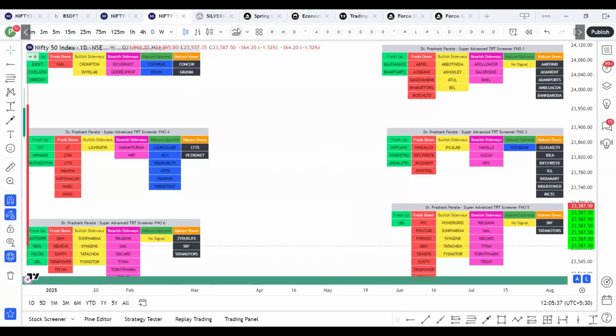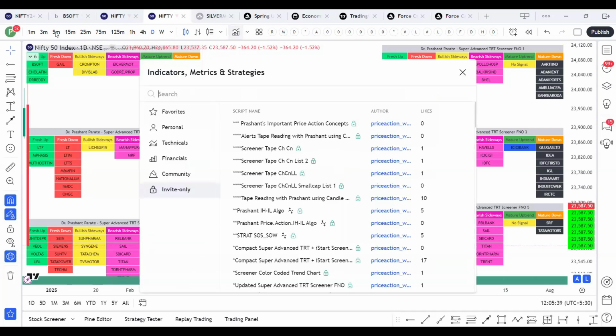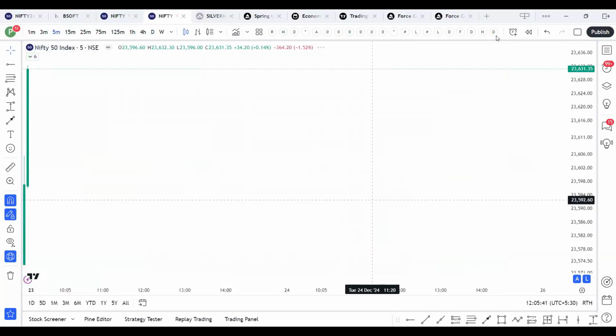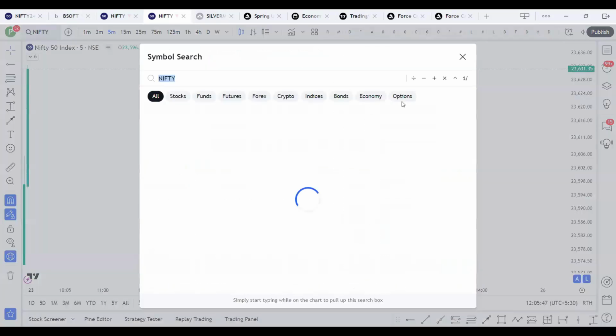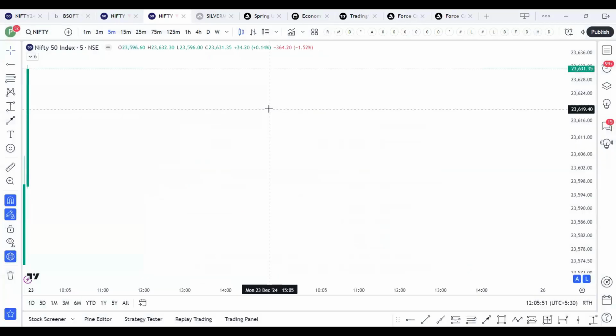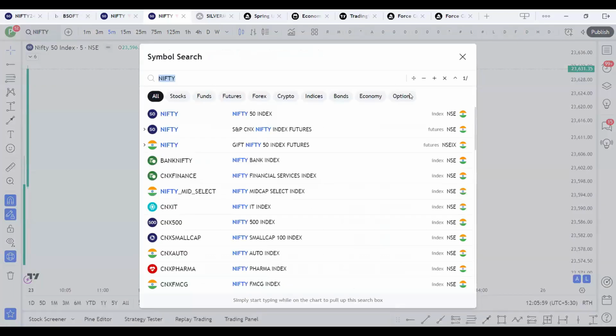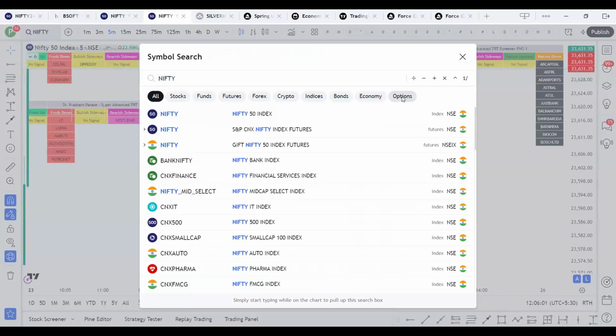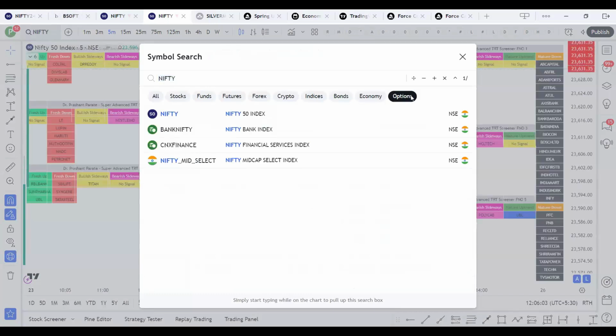So let us check the options combined premium chart, if it comes or not. What I will do is go to options, Nifty. Those who don't know how to open the options chart, see, click here, then click on options.